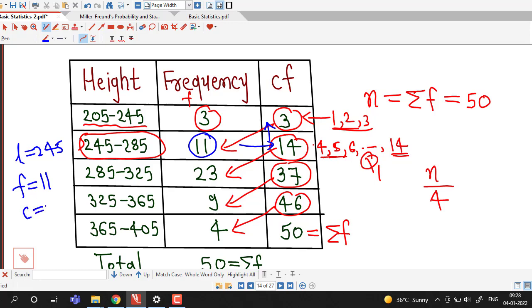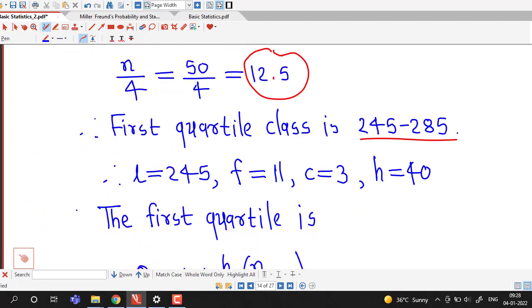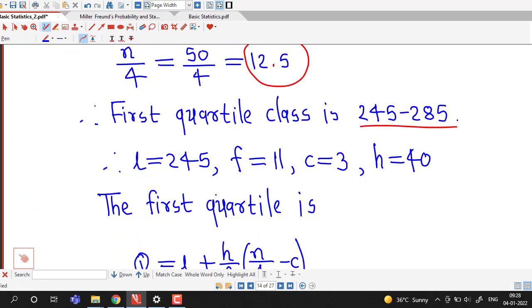So we will consider C equal to 3. Class size is 245 minus 205, that is 40. Frequency of first quartile class is 11.